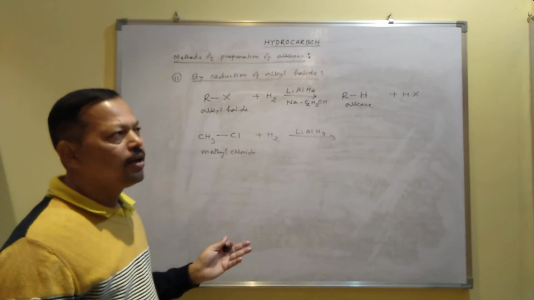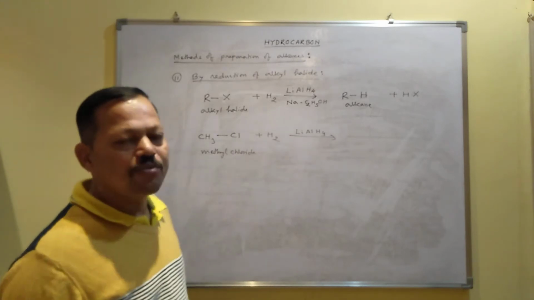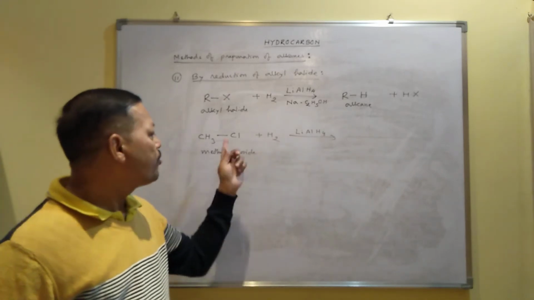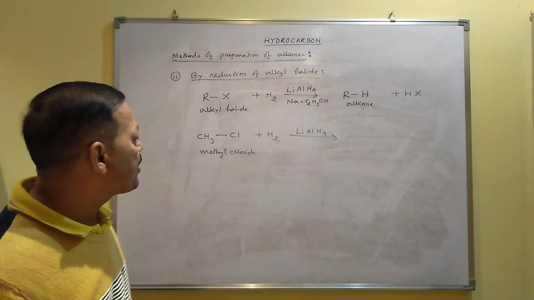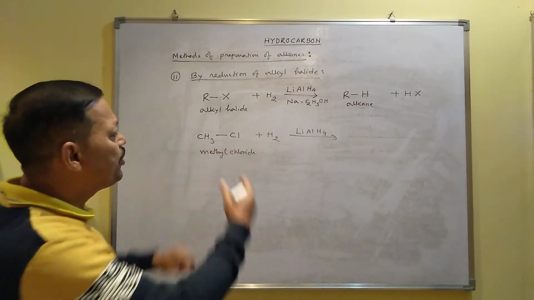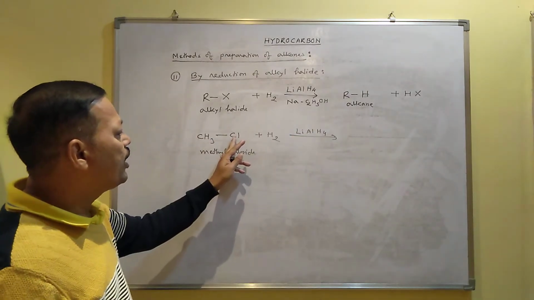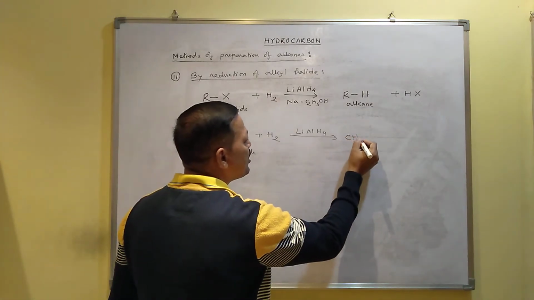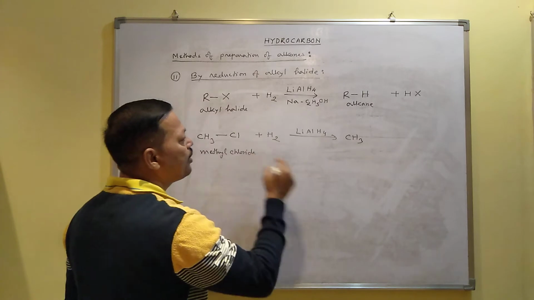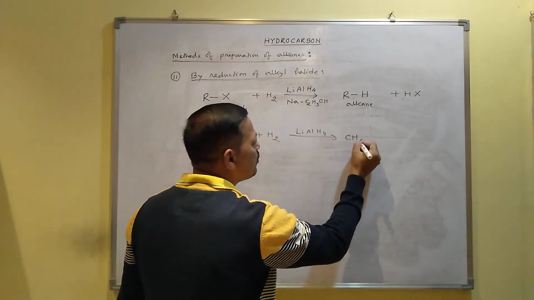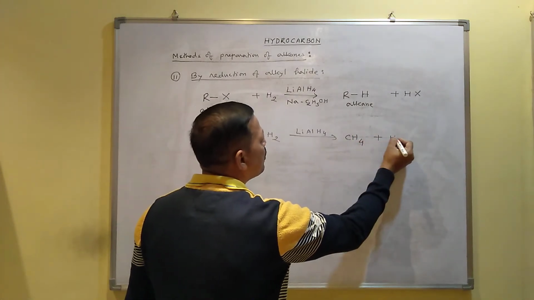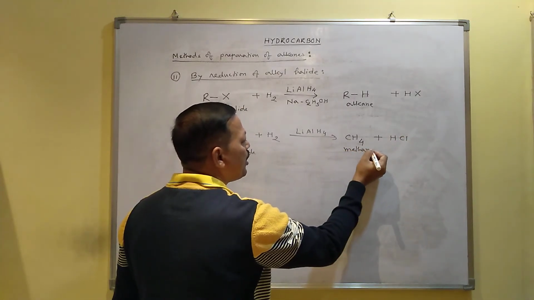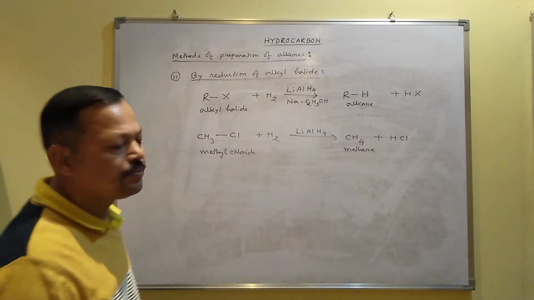So there are different definitions of reduction, either addition of hydrogen or removal of electronegative element, both are called reduction. So that's why this electronegative element is removed from the compound, and that electronegative element will be replaced by hydrogen. I mean the CH3 will combine with one hydrogen, it converts to CH4, and side product will be HCl. So by doing this you can prepare methane.